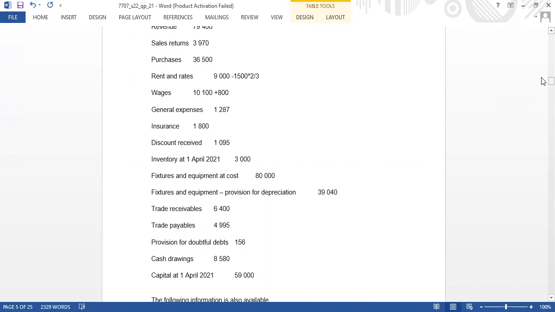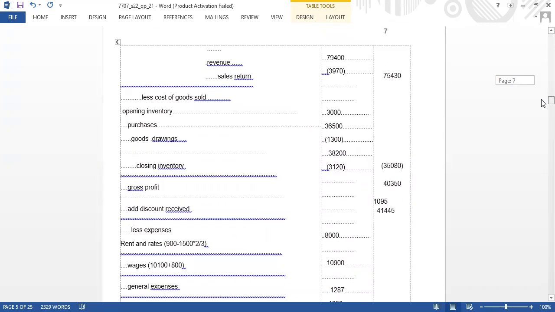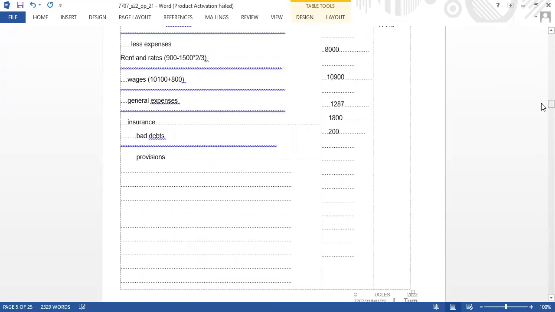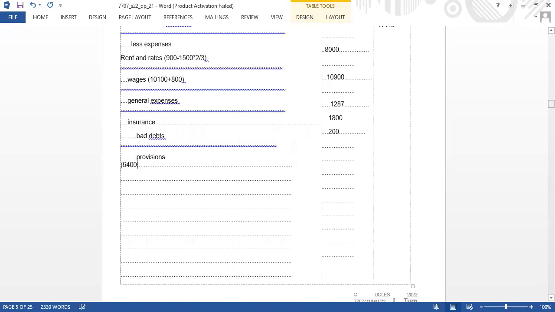This will give us 6,200, on which we'll apply the provision rate. Provision would be 6,400 minus 200 net trade receivables multiplied by 2%. That will give us 124. Then we'll calculate the depreciation.